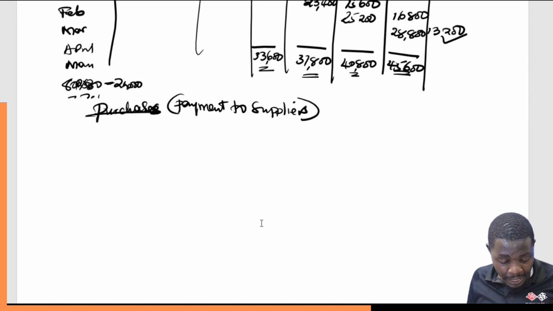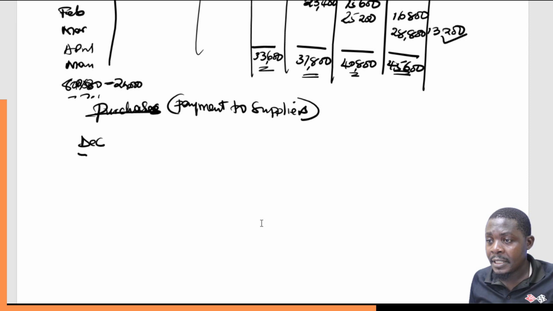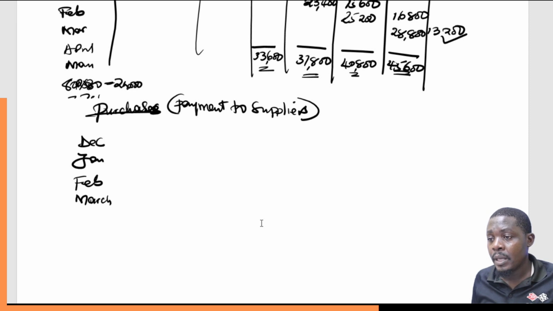We are going to pay after 1 month delay. Now we can look at those of December will be paid in January. Let me just pick from December. That's December, January, February, March, April, and then we have May.